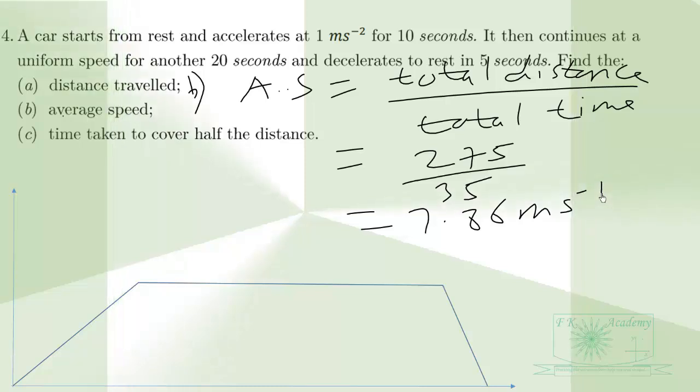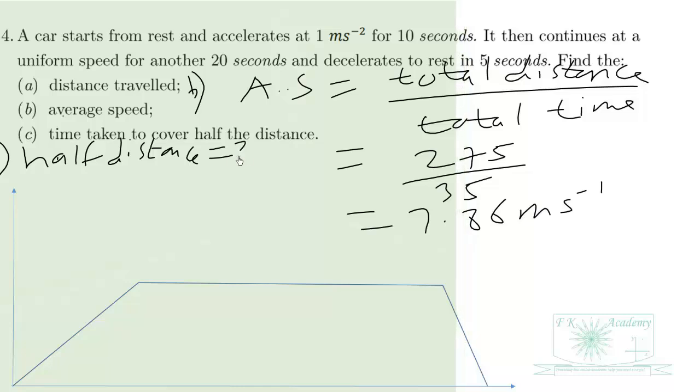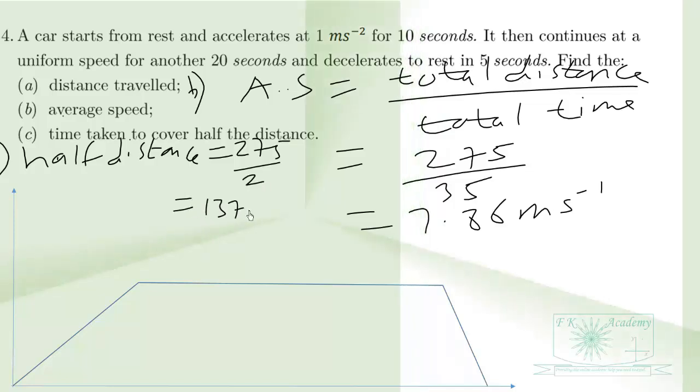We now have to calculate the time taken to cover half of the distance. So the total distance was 275. Half of the distance will be equal to 275 over 2, and that is equal to 137.5 meters.